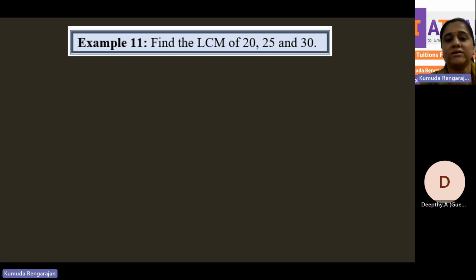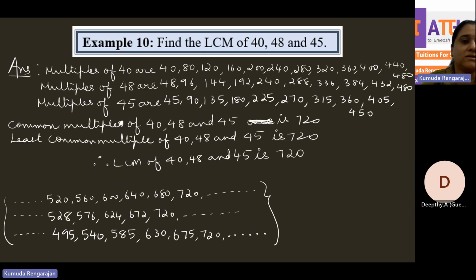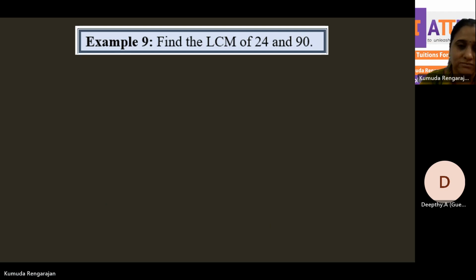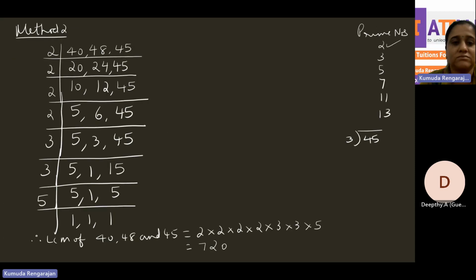And also this one: find the LCM of 20, 25, and 30. Ma'am, but both of them are example 11 only. No, this is example 9. Oh, yes, ma'am. And the next one is example 11.